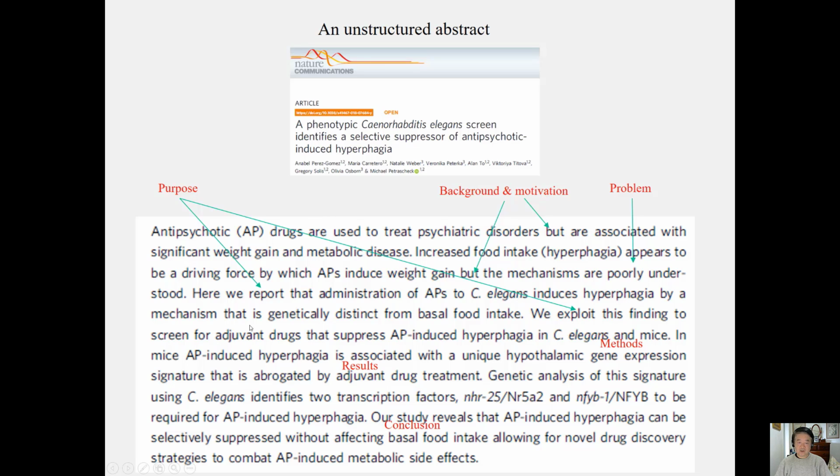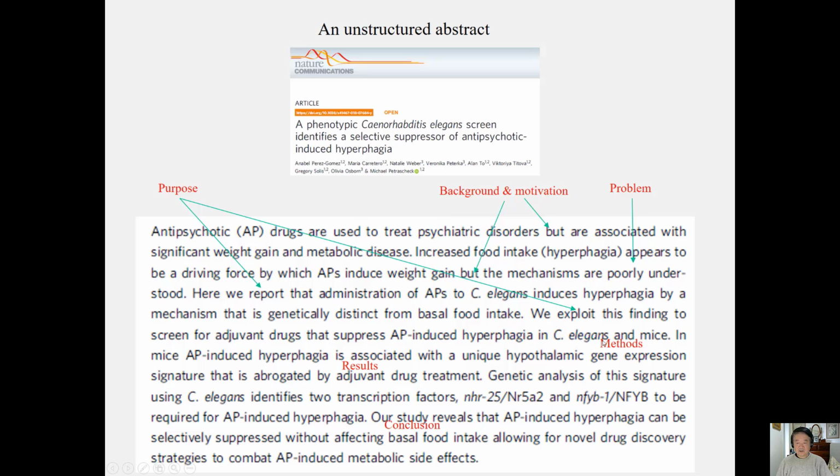You can change this into the aim, but they have used this way to report. Now you see here, we exploit this finding to screen for adjunct drugs. So this is mainly the aim.